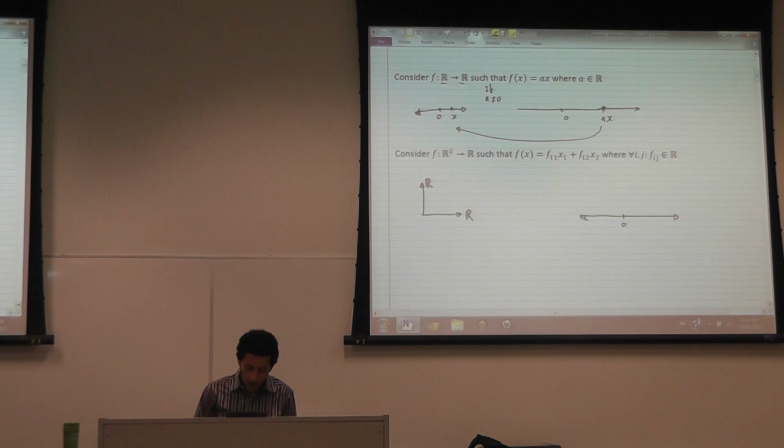So given a vector x here, notice that I can have a vector here that I'm going to call v, made out of the components f11 and f12.